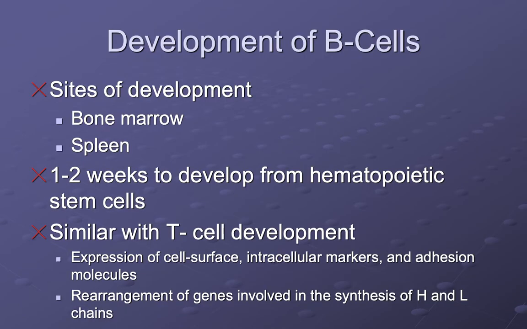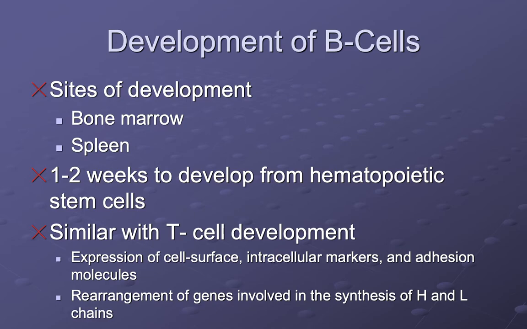B cell development takes place in the bone marrow and the spleen, and it can be subdivided into different stages based on the expression of different cell surface molecules and intracellular markers, as well as, of course, very important, the rearrangement of the genes coding for the heavy and the light chain components.